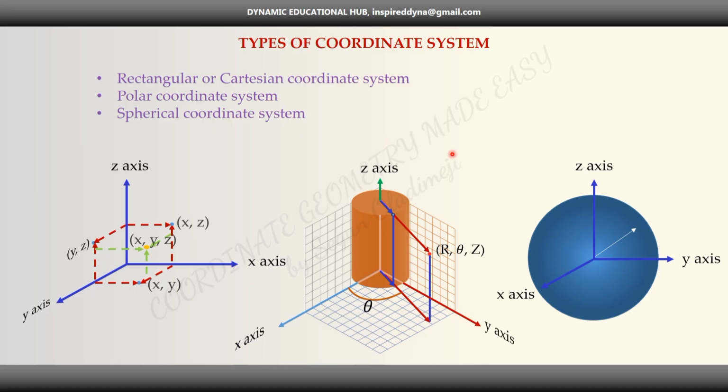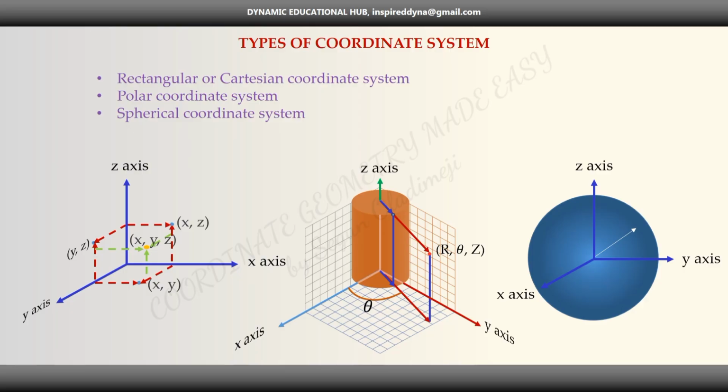Now, if you have a spherical object, for instance, Earth, and you want to give the location of a particular spot on Earth, the best coordinate system that you can choose is spherical coordinate system. And that is somehow similar to longitude and latitude. That is why we have different types of coordinate system.